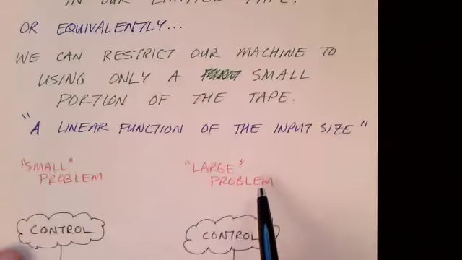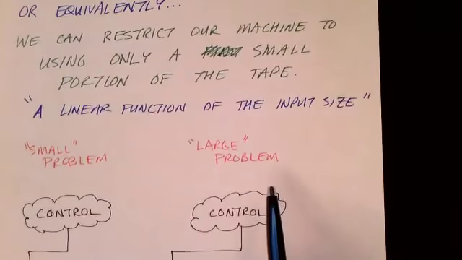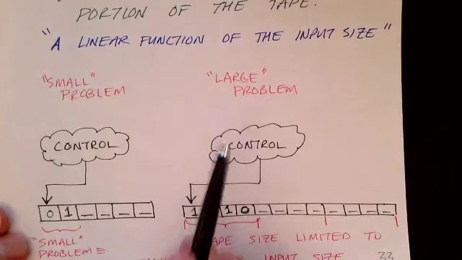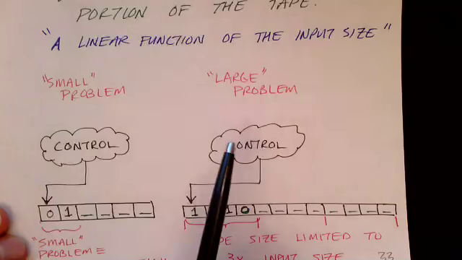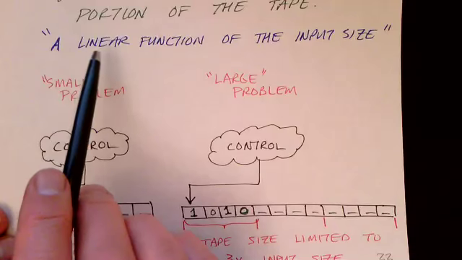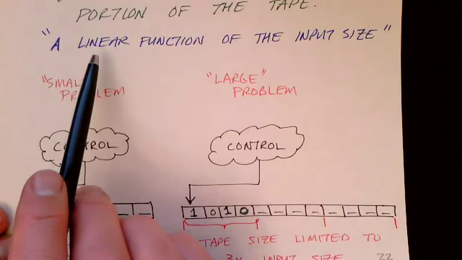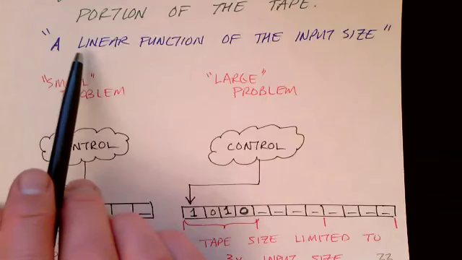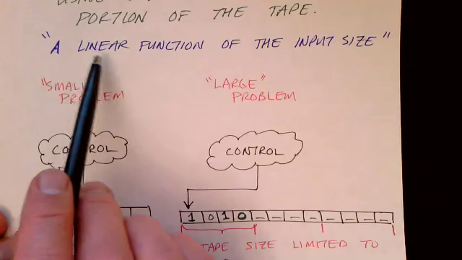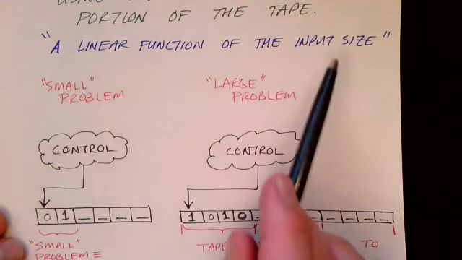So that's where the name linear bounded automaton comes from. So the idea is that we get no more or less power if we redefine linear bounded automaton to say that it's a Turing machine where the size of the tape is limited to some linear function of the input size.